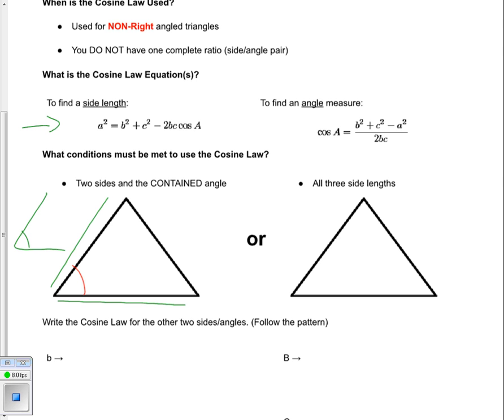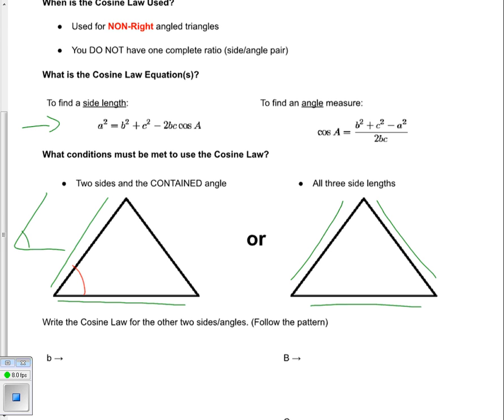If, however, you're trying to find an angle and you don't have a side angle pairing, you can use cosine law to solve for that piece as well. Okay, in that case, you need to have the measure of all three side lengths. So you need to know this side length, the length of that side, and the length of that side.